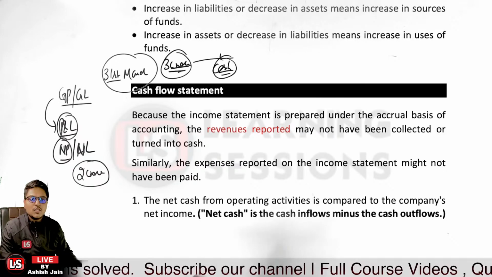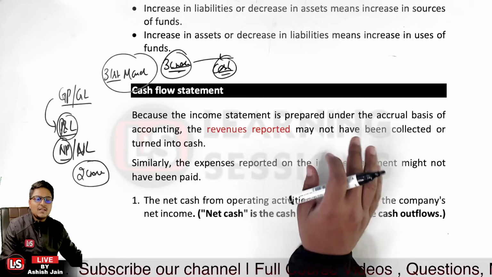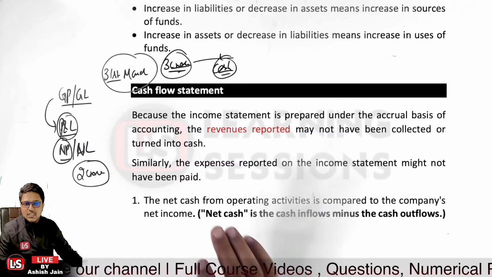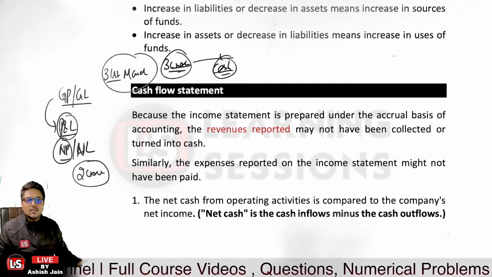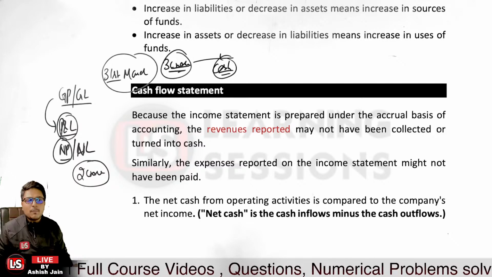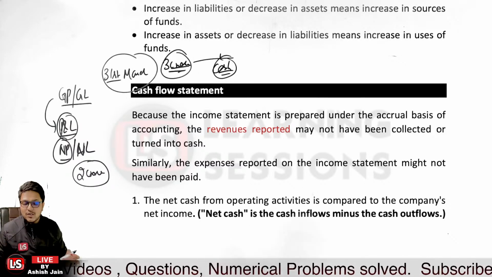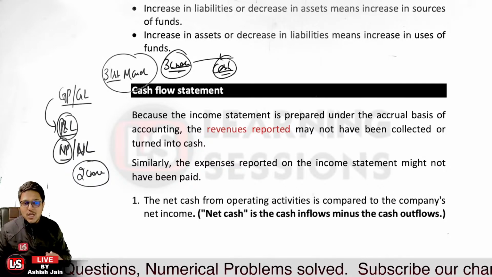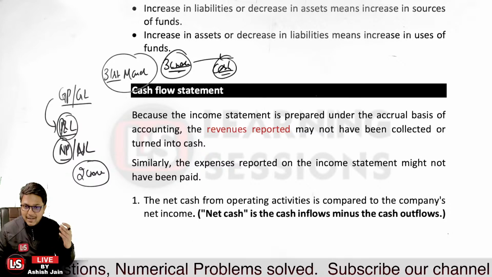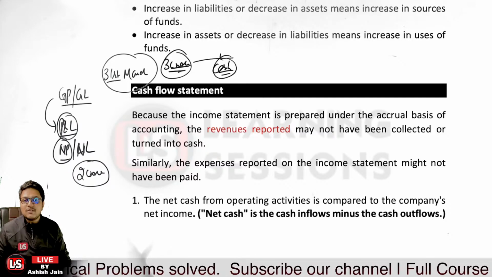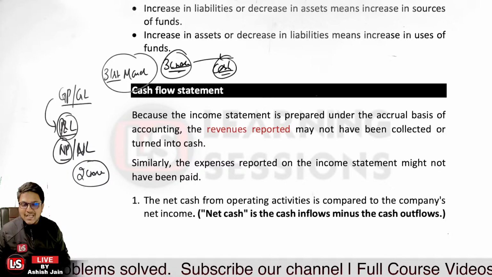Okay, so because the income statement is prepared under the accrual basis, the revenue reported may not have been collected or turned into cash. So what does it actually mean? Whatever amount you have mentioned in the statement, it may not be the case that you have received the amount in full or that it has been converted into cash.